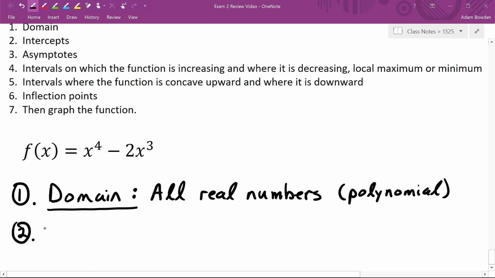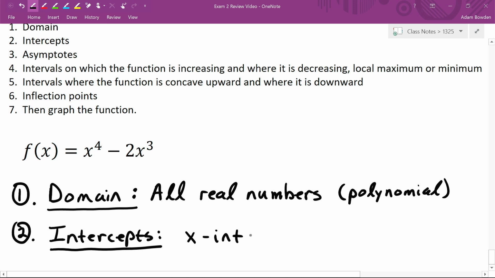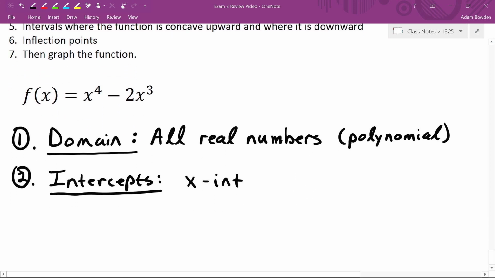On the other hand, when we talk about the intercepts, we need to find the x-intercepts and the y-intercept. To find the x-intercept, we're going to set f of x or y equal to 0. So x to the fourth minus 2x to the third is going to be equal to 0 for the x-intercepts.